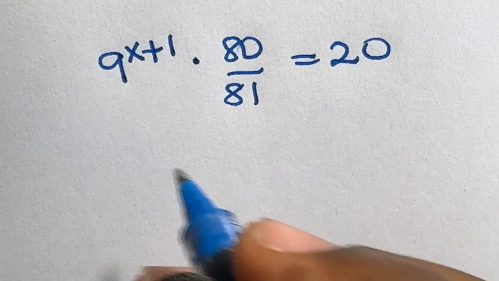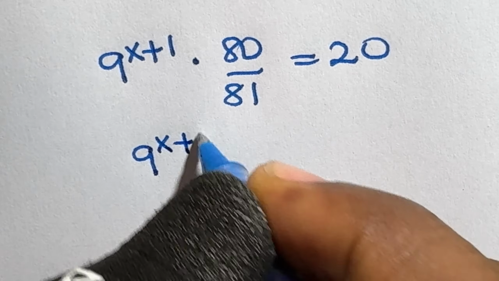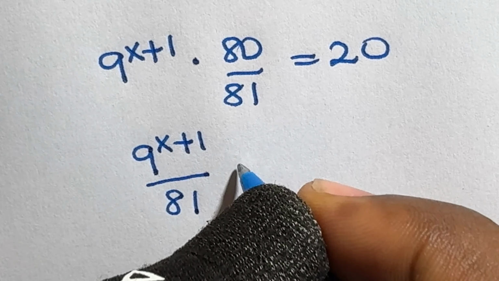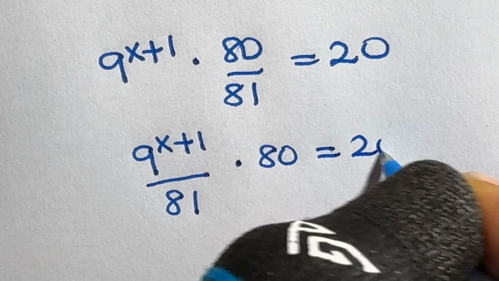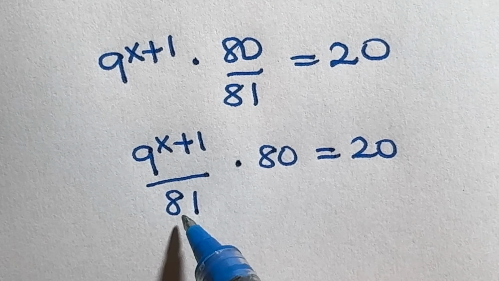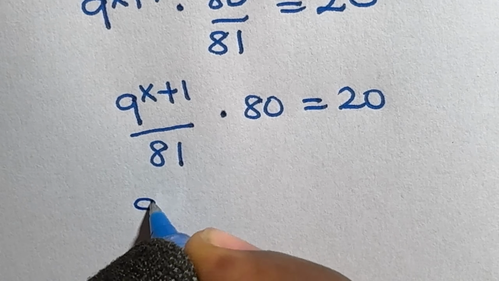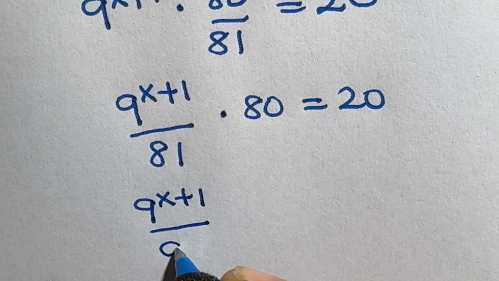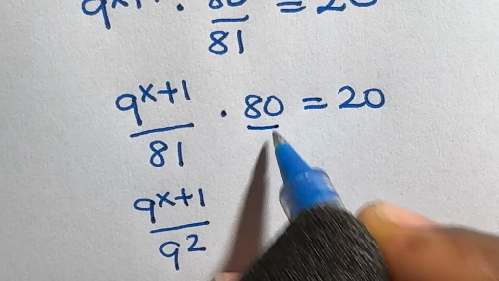So I will express this as 9 raised to power x plus 1 divided by 81, then times 80 is equal to 20. The reason I've done this is because 81 can be expressed as 9 raised to power 2, and then we have 9 raised to power x plus 1 divided by 9 raised to power 2. I can go ahead and divide through by 80 here as well.